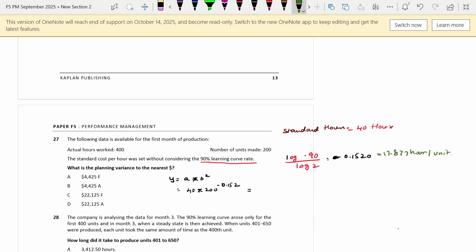So hours times 200. The old one is how much? 200 times 40 comes to 8,000 hours.